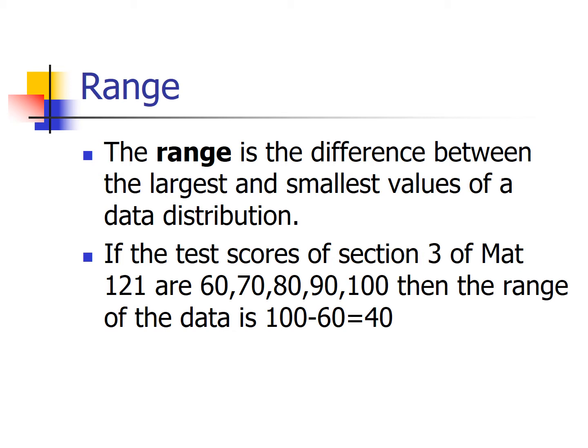The range would be 4. That's a small number indicating a small amount of variability. Section 2 was 40, 70, and 100. So the range there would be 100 minus 40, which is 60. There was a lot of variability, hence the range was a relatively large number.